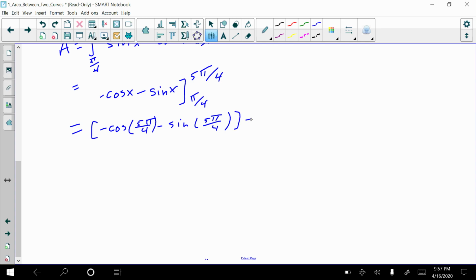And we're going to subtract negative cosine of pi over 4 minus sine of pi over 4.